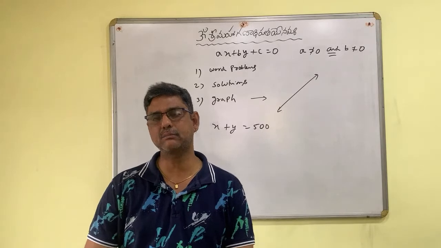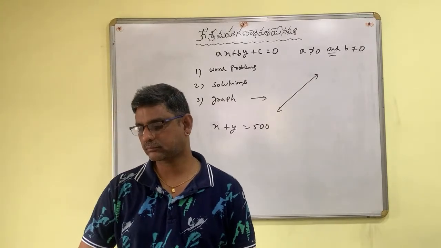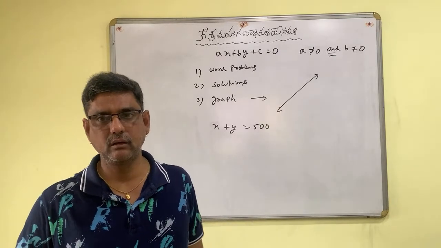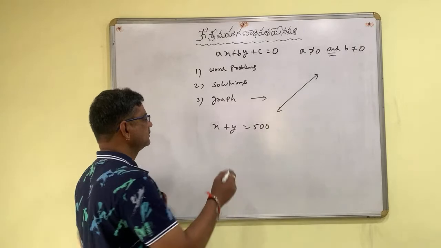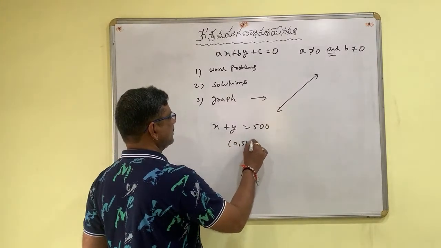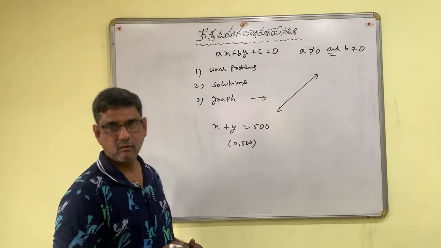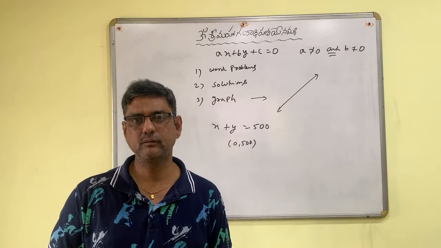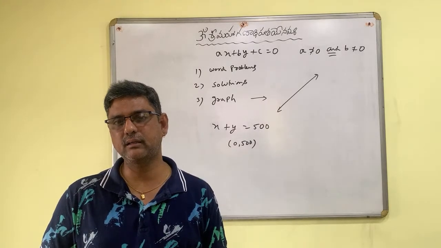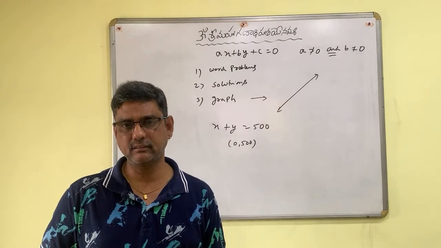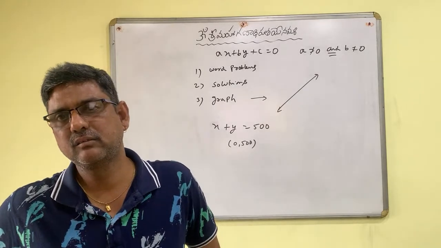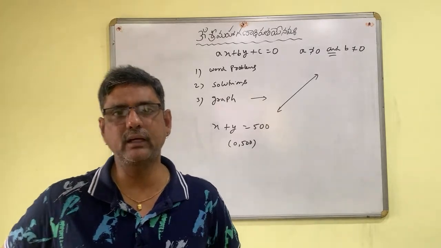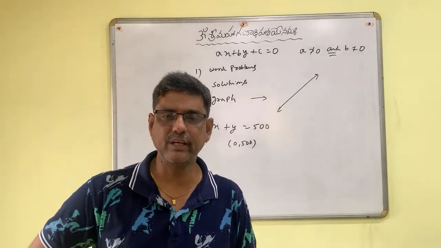Minimum 2, maximum your wish. 0, 500, correct? 1, 499, correct? 100, 400, correct? 25, 475, correct? 200, 300, like that. Minimum you take 2 solutions or maximum your wish.